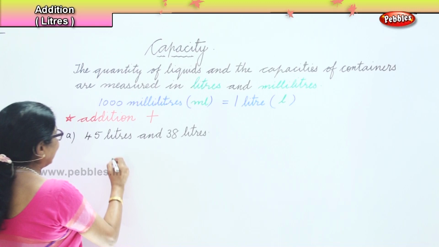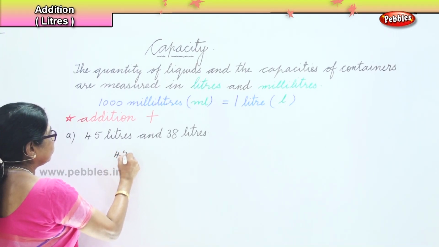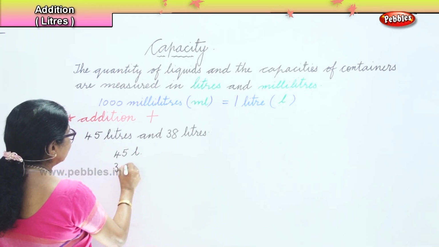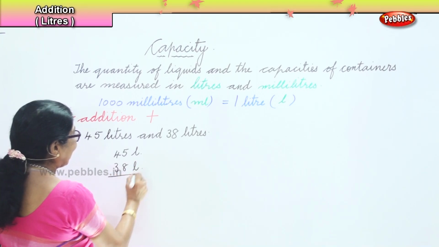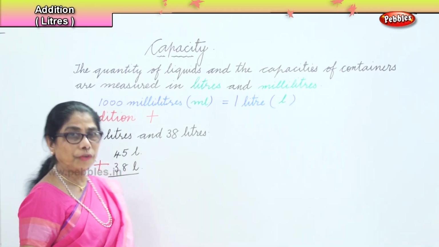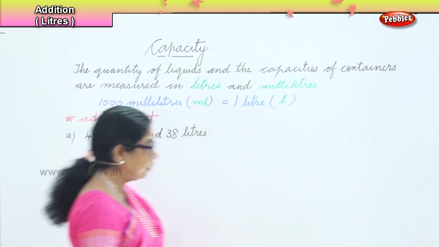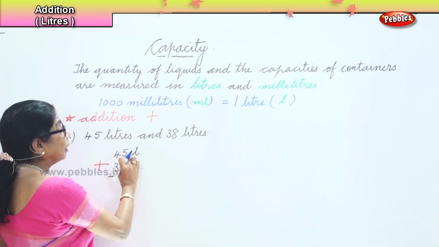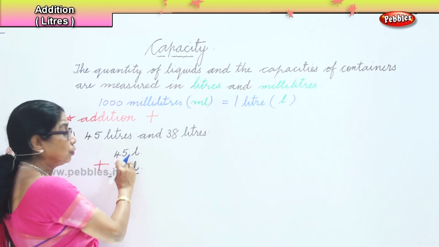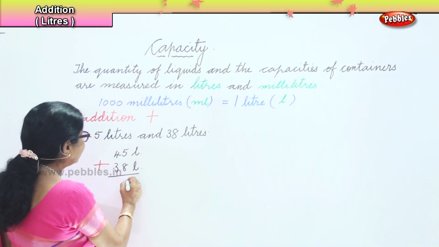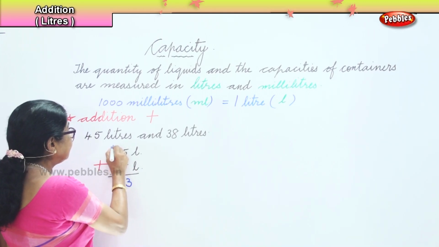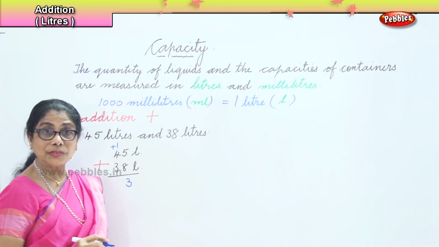Okay, so we will put down 45 liters and 38 liters. Remember, we are adding, so we put the addition sign plus. Now, 5 plus 8. 5 plus 8 is 13.